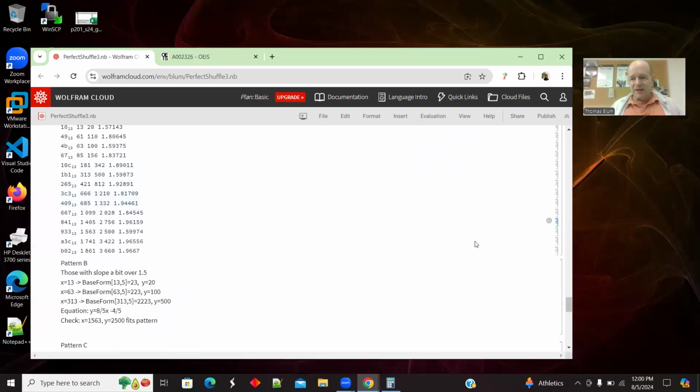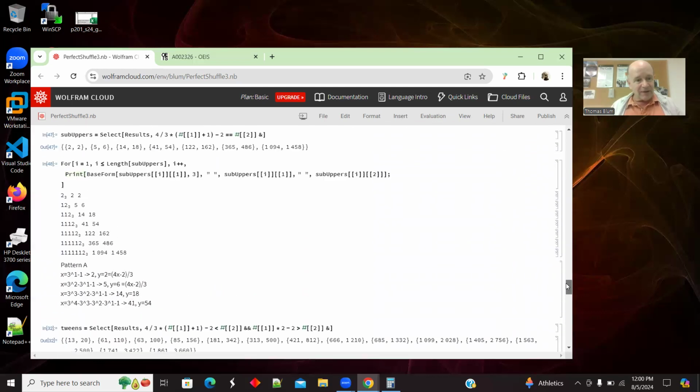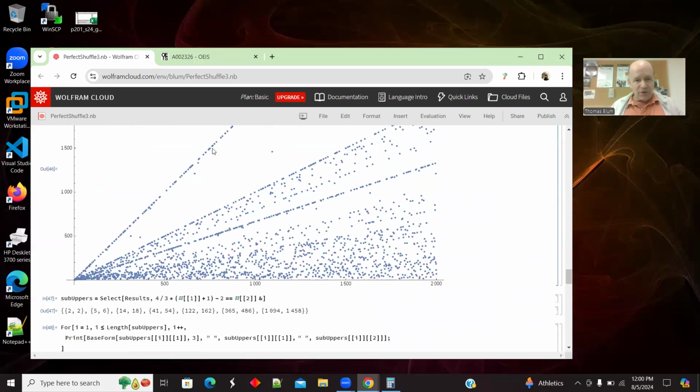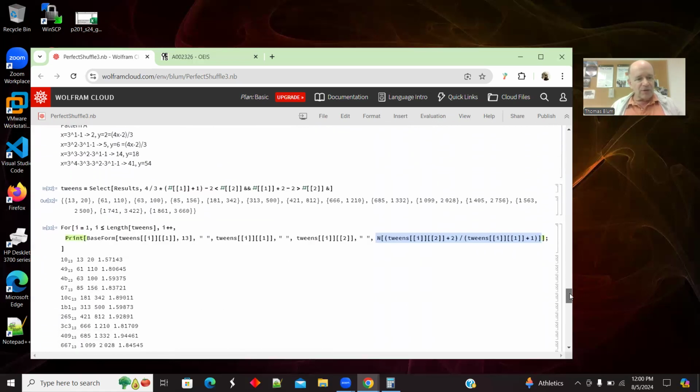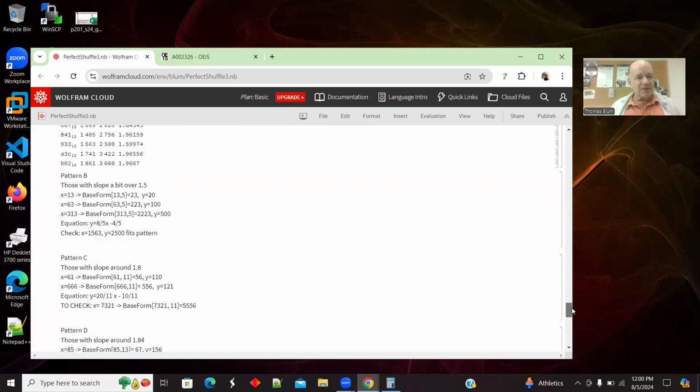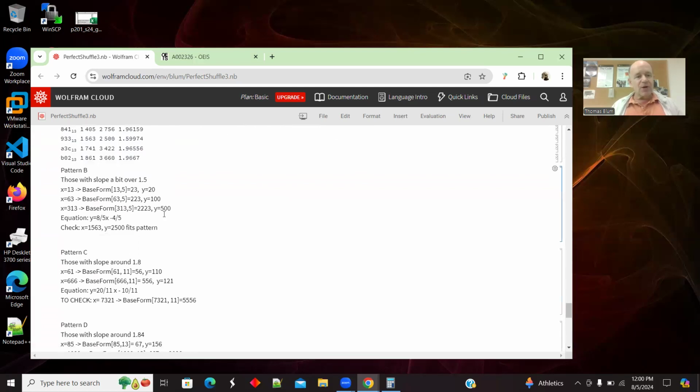So now I'm looking in this tween area, more than the four thirds, less than the two. And I'm looking for patterns, and I found some. I found a pattern in base 5, and that accounted for, of those things above, the 13, the 63, and the 313.